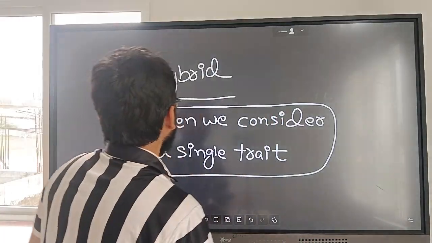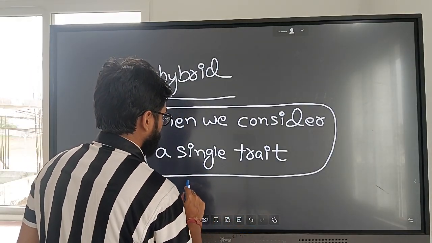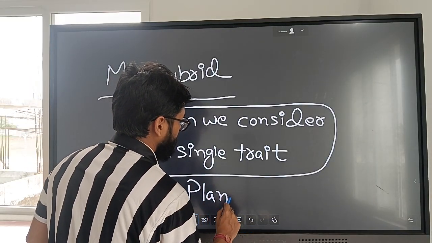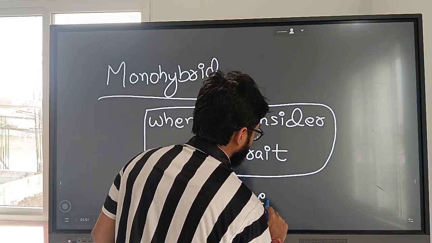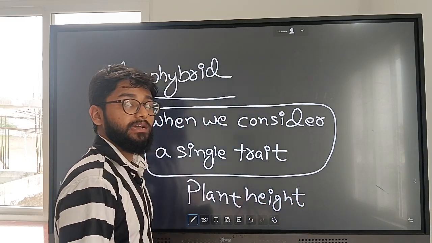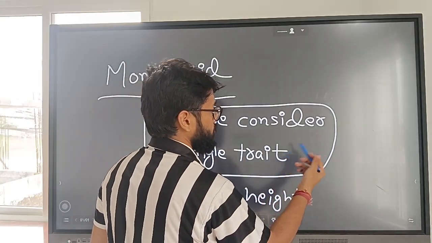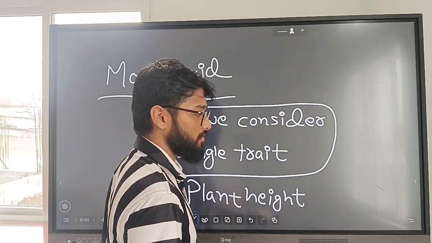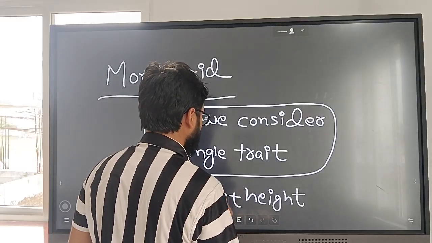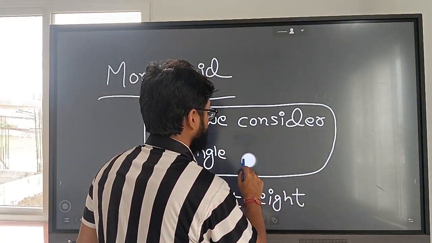When we consider just a single character, for example plant height, it has a single trait, whether tall or dwarf.